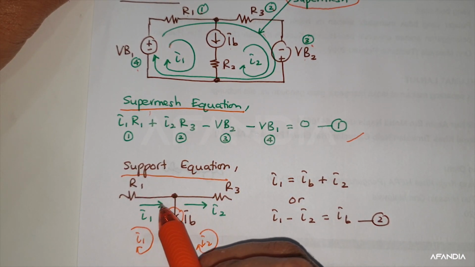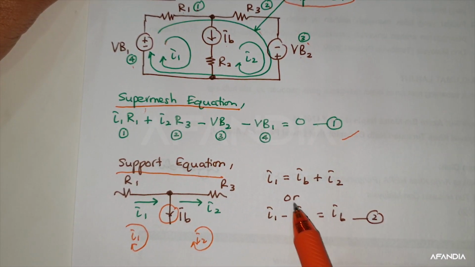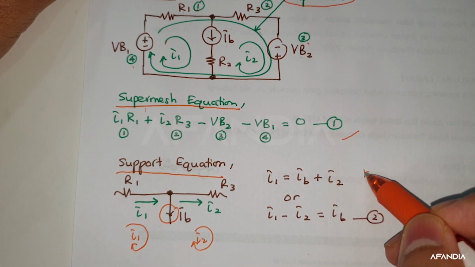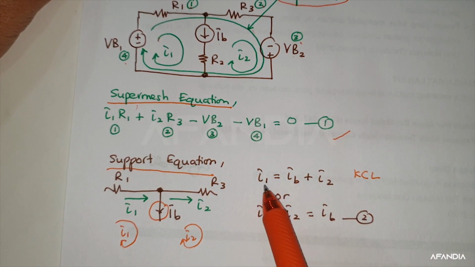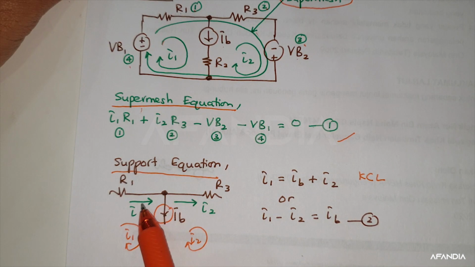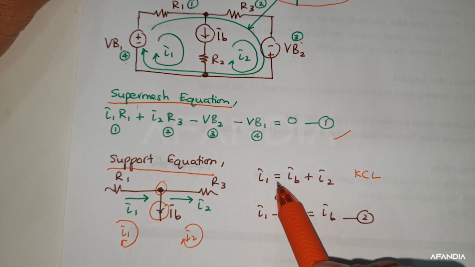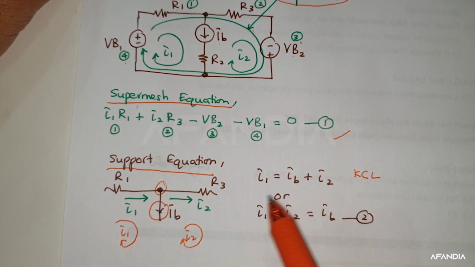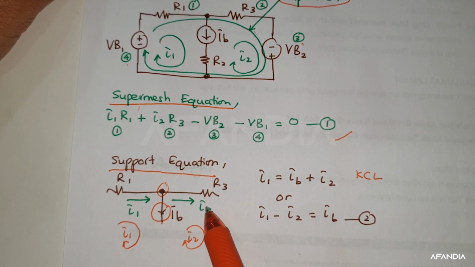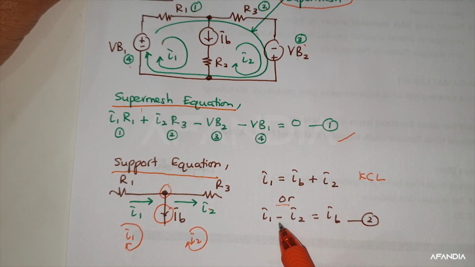That's why I'm having I1 in this way, while I2 in this way. Then we can write using KCL: current entering, your I1 entering this node, equals current leaving. So your current leaving is IB as well as I2. Or you can also rewrite I1 minus I2 equal to IB.